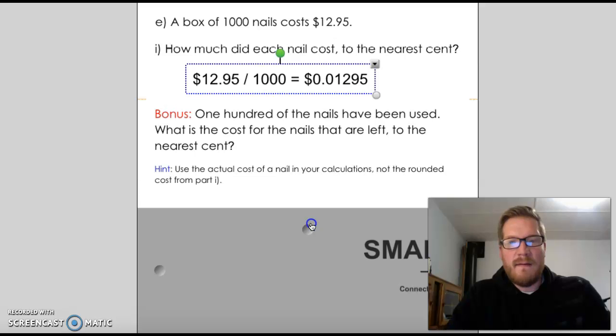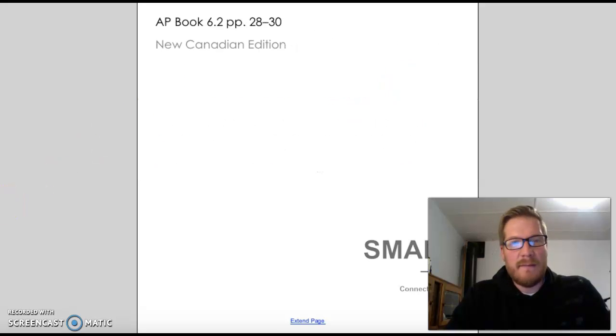Now the actual cost of the nail, this one is not rounded. If you round it to the nearest hundredth, which is right here, it would actually be like 1 penny per nail, basically. Anyway, that's just a little aside.